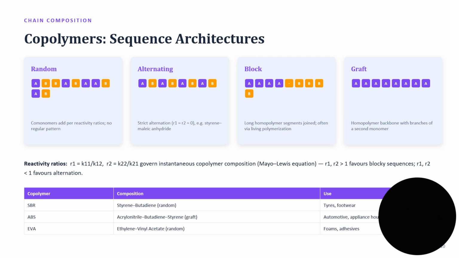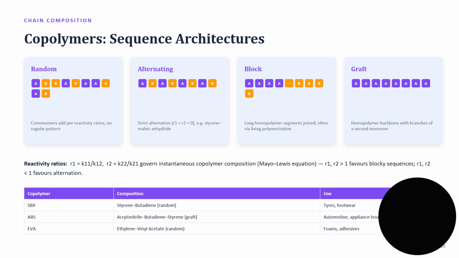If both r1 and r2 are greater than 1, each radical prefers adding its own monomer, giving a blocky sequence. If both are less than 1, cross-polymerization is favored, pushing towards alternation.